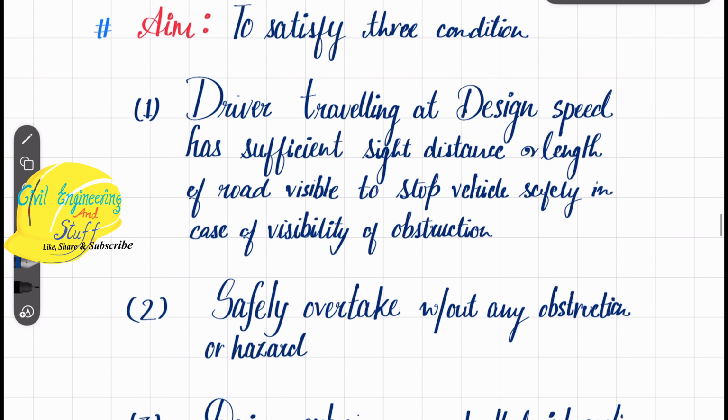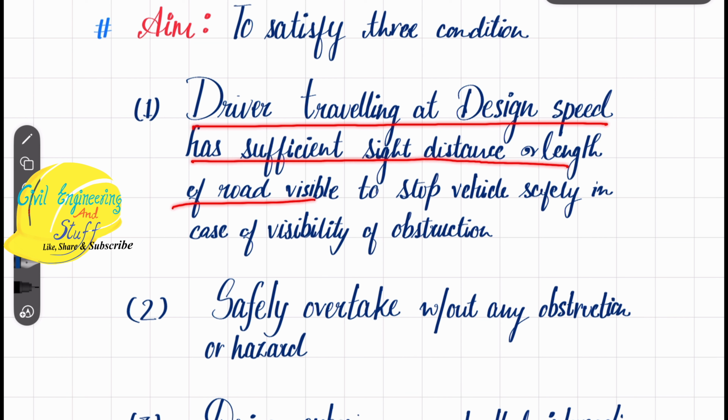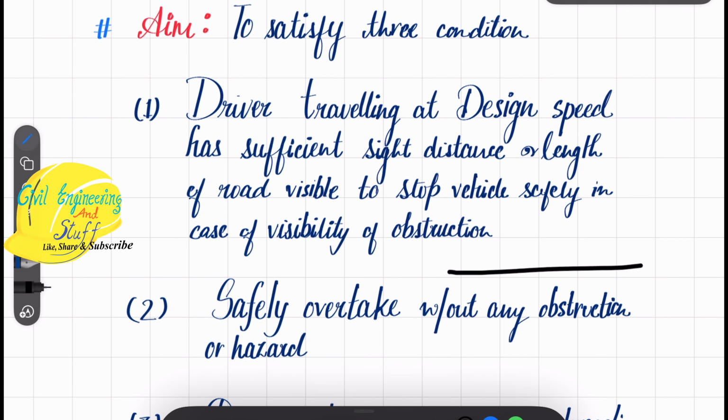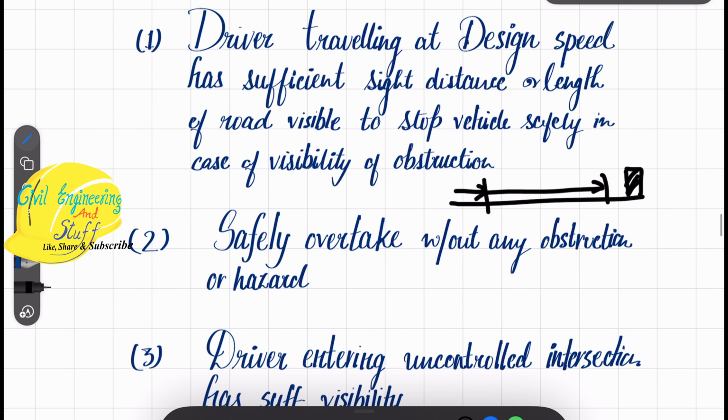That is, the driver traveling at a design speed has sufficient sight distance or length on the road visible to stop vehicles safely in the case of visibility of obstruction. What we have discussed so far: a vehicle that is moving on the road, as and when any obstruction is seen by the driver, has a sufficient distance on the road to stop. Second is the driver traveling at design speed, right?